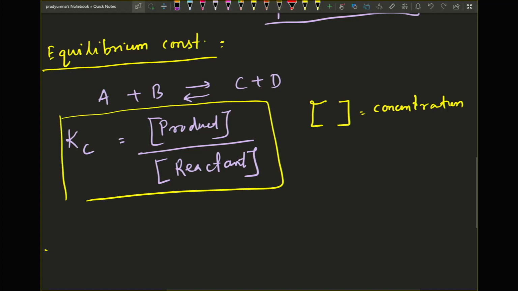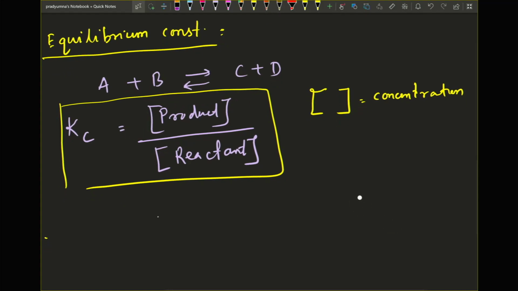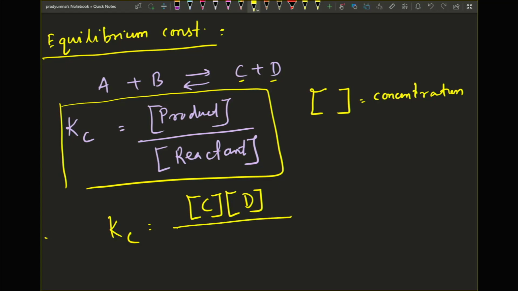In this particular example, what do we have as our product? We have C and D, so we have two products, and you have to factor in both of the products. We also have two reactants, A and B, which means you also have to factor in the reactants.